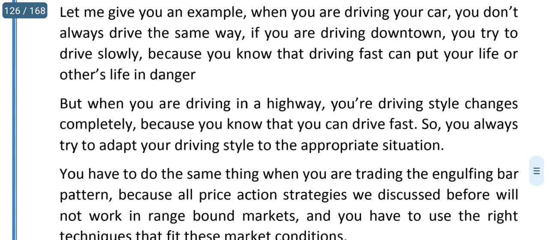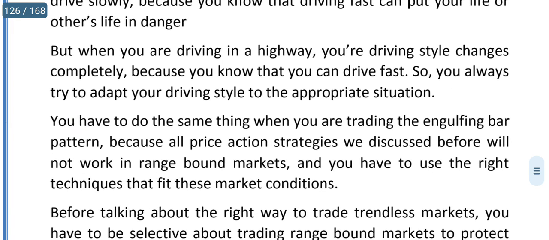Of course, this can be simply understood. Let me give you an example. When you are driving your car, especially in the morning or at any time, you don't always drive the same way. If you are driving downhill, I mean on a steep slope, you try to drive slowly because you know that driving fast can put your life or other people's lives in danger.